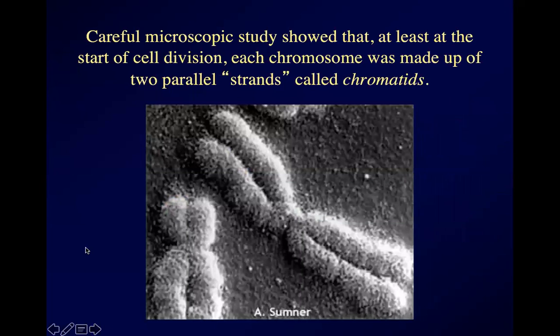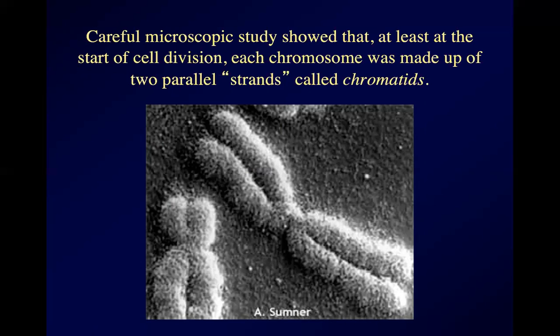Okay, this picture was taken with a much more sophisticated type of microscope that didn't really come into widespread use until the 1970s, I think. So we've just jumped forward in time a bit. But you can see what I'm going to point out using light microscopy if you're very careful. And when people with these new, very well-made light microscopes looked as carefully as they could at dividing cells, they found that when a cell is not dividing, the nucleus just looks like a blob.